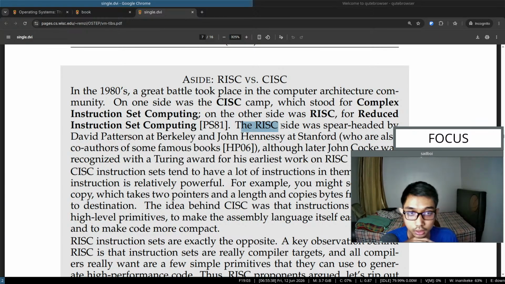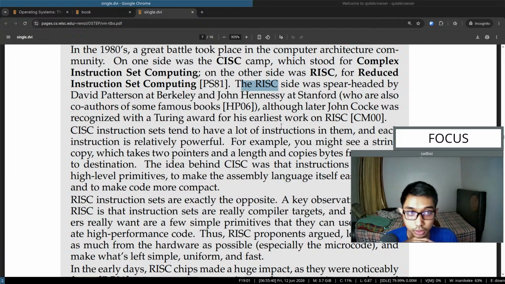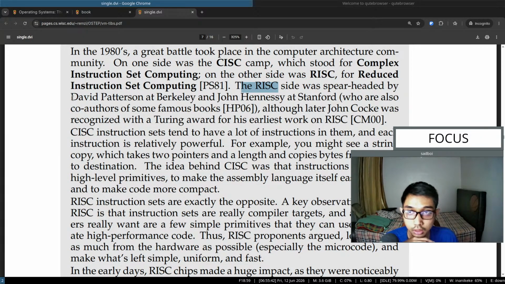The RISC side was spearheaded by David Patterson at Berkeley and John Hennessy at Stanford, who are also co-authors of some famous books. Okay. Although later John Cocke was recognized with a Turing Award for his earliest work on RISC.